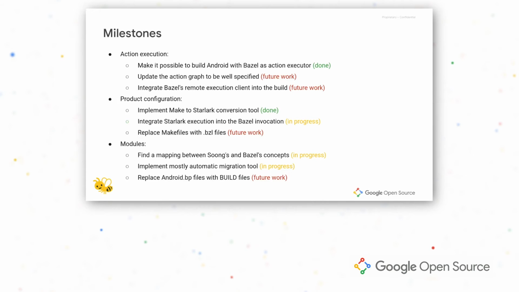Current work is being done on finding a mapping between the concepts of Soong and Bazel. Kati, not so much, because the world of Kati is much simpler. And there is progress on implementing an automatic conversion tool. Checking in build files instead of blueprint files hasn't been started yet. We'll start once there's enough confidence about the fidelity of said conversion tool.